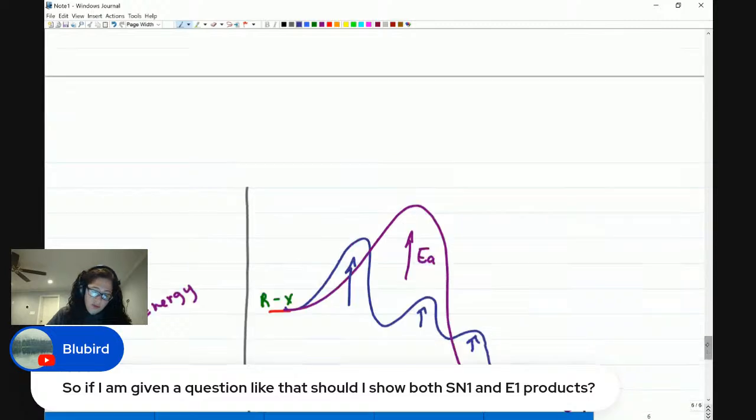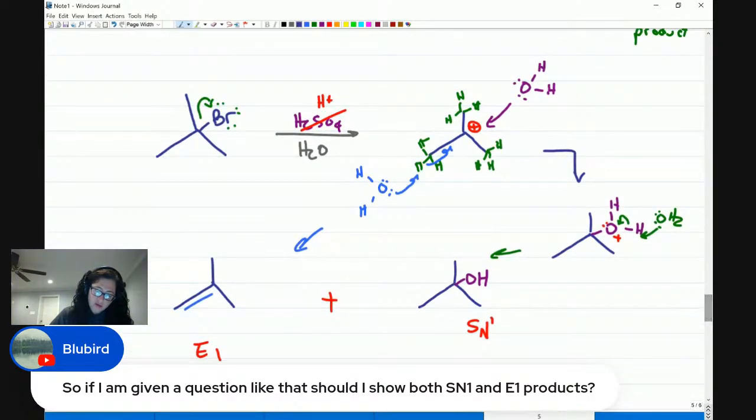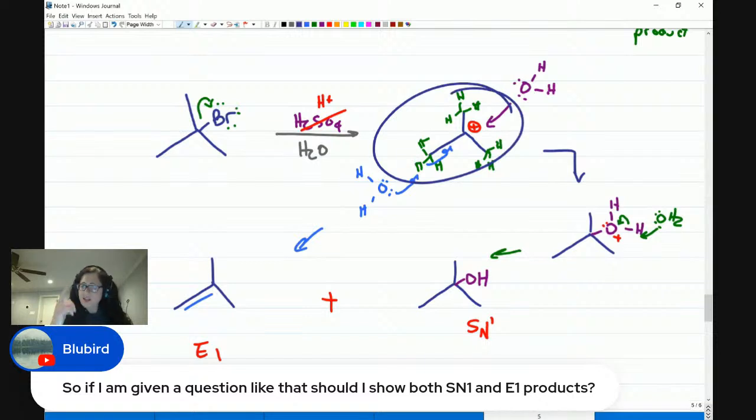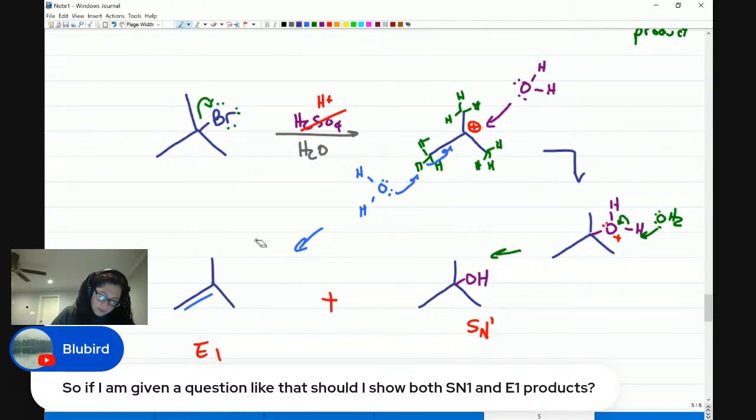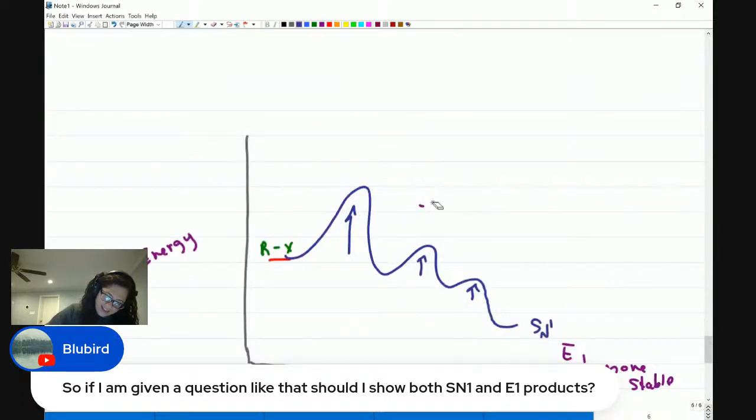Will E1 have intermediates? No, because E1 has a carbocation formation. Well, technically, yes, there's one intermediate, the carbocation, and that's it. Oh, wow. That's a good point. So E1 should not look like that. E1 should have 2 bonds.